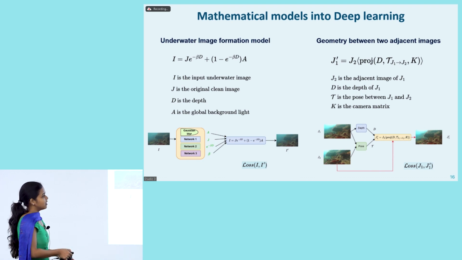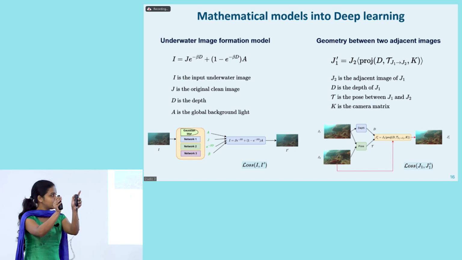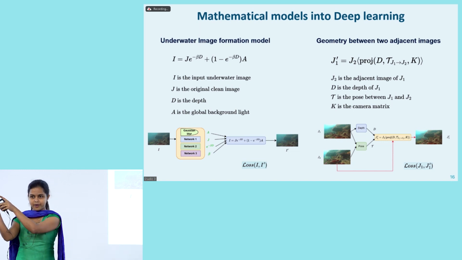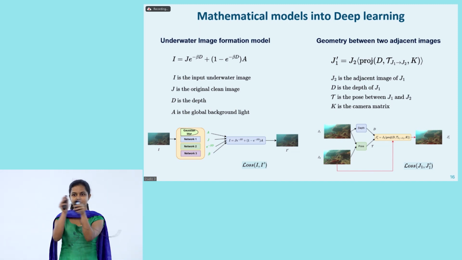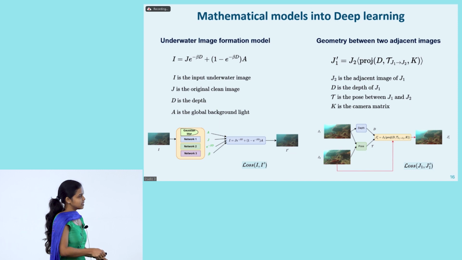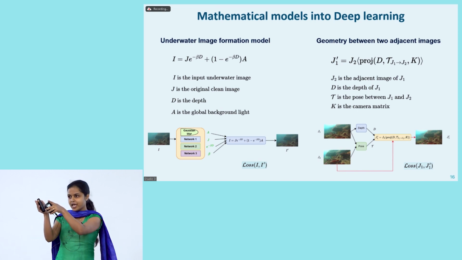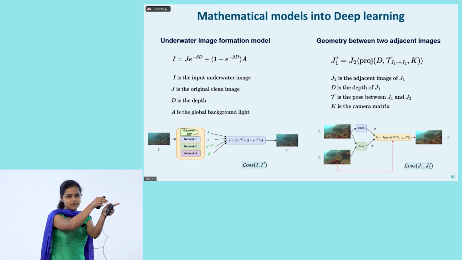If you have the depth of the first image and the relative camera pose between the 2 images, say J1 is captured with this angle and J2 is captured with another pose of the camera, then the second image can be warped to the view of the first image.